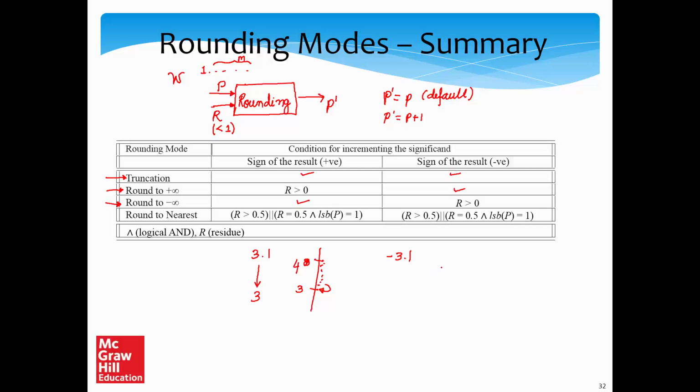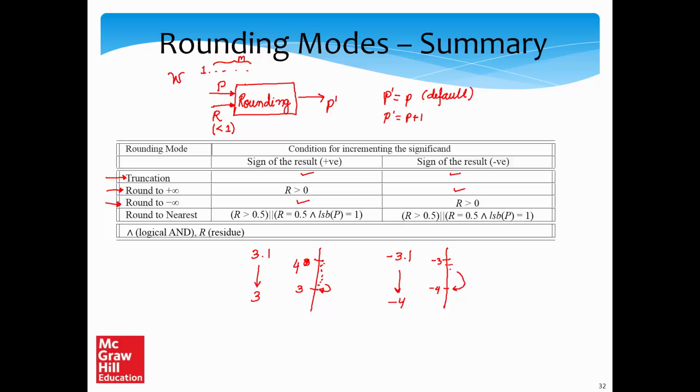However, if the number is negative, then let me draw a number line. Let me write minus 3 here and minus 4 here. So minus 3.1 would stand somewhere here. For all such numbers, they need to be rounded to the lower integer, which is minus 4, right?